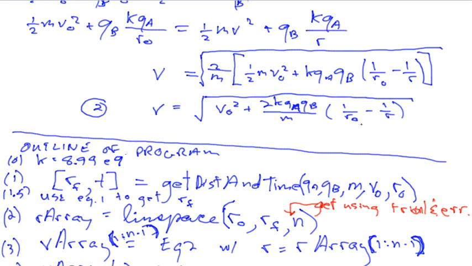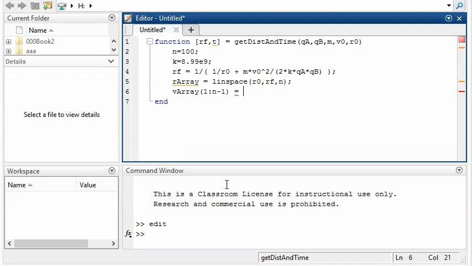which is v is equal to v0 squared, that stuff. Well, it's got a square root. V is equal to the square root of, I think I'm actually going to go dot, I'm going to go to the power of a half.